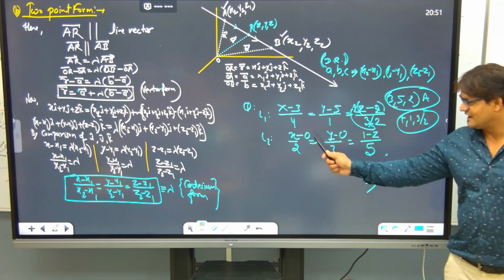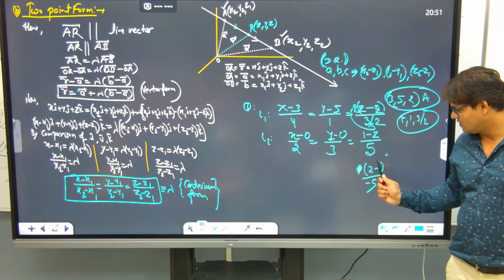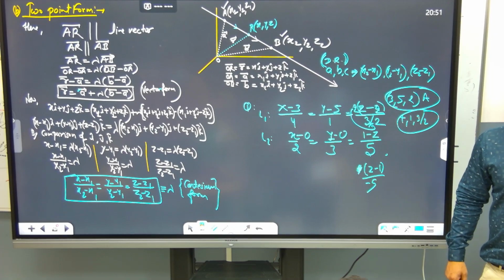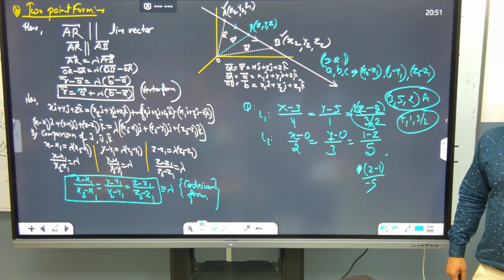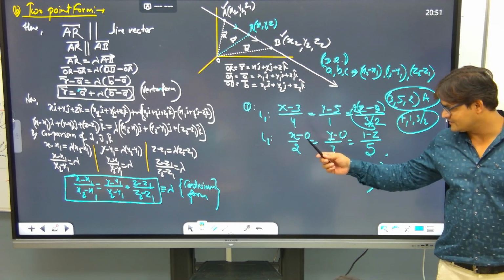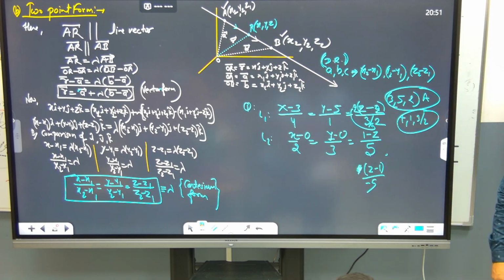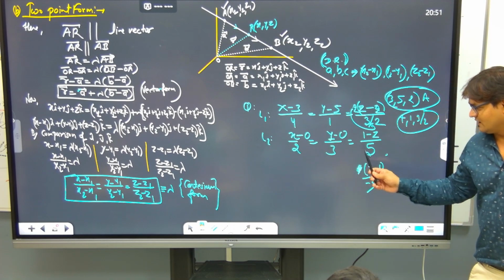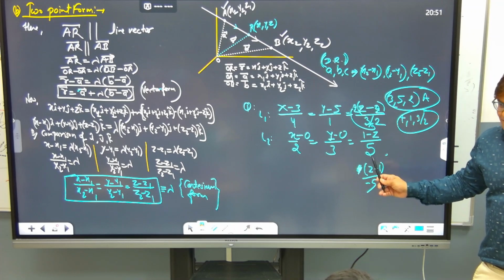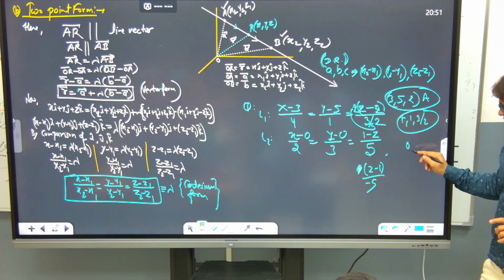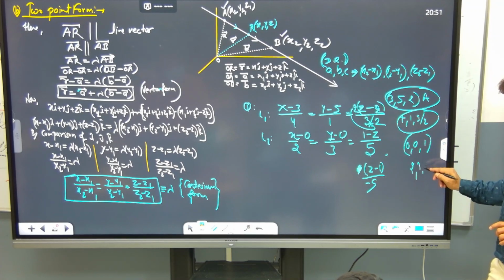Clear? So this line passes through 0, 0, 1. What is the direction ratio of this line? 2, 3, minus 1, not 5. 2, 3, minus 5. Clear? So this line passes through 0, 0, 1, and the direction ratio is 2, 3, minus 5.